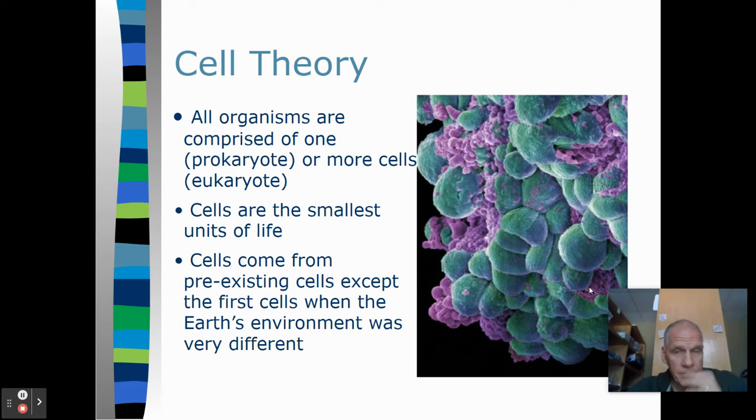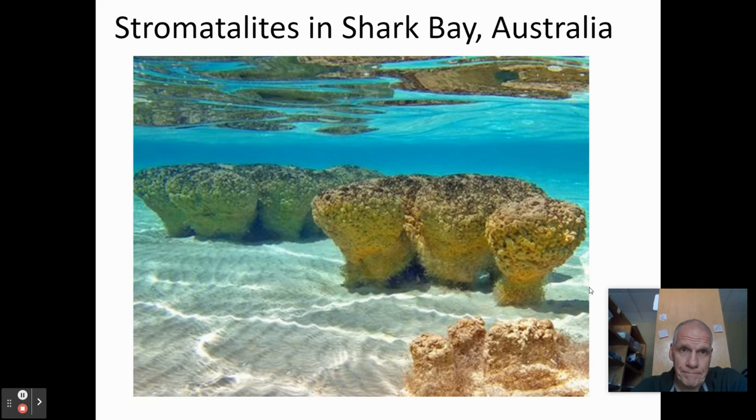The other part of the cell theory is that all cells came from pre-existing cells, except the very first cells, when the Earth's environment was a lot different than it is today. Some of the earliest cells we know go back to at least 3.5 billion years ago.